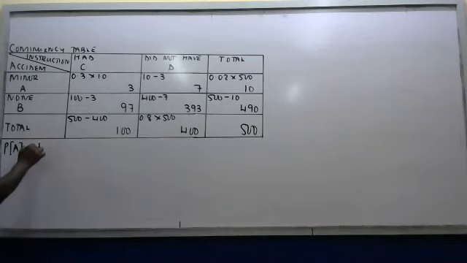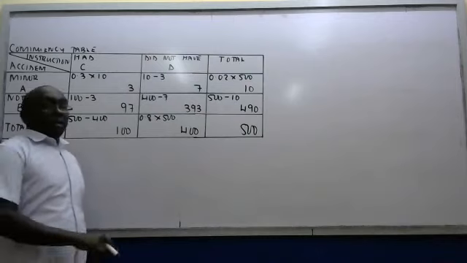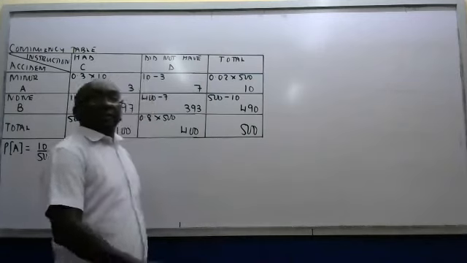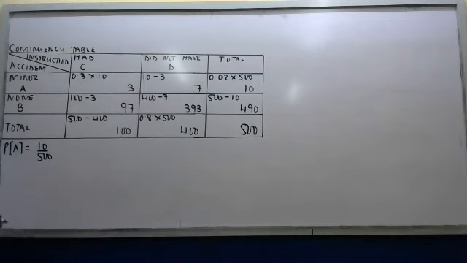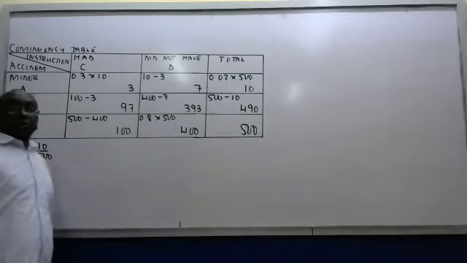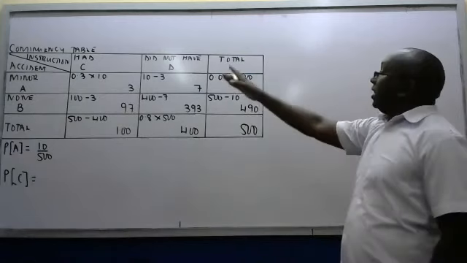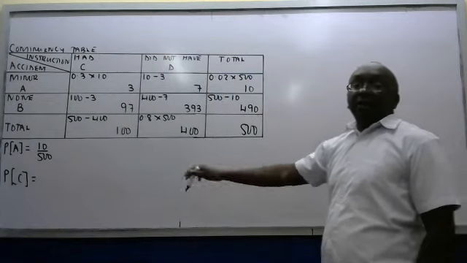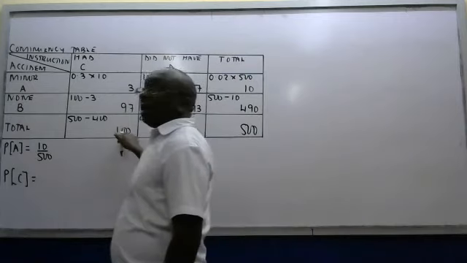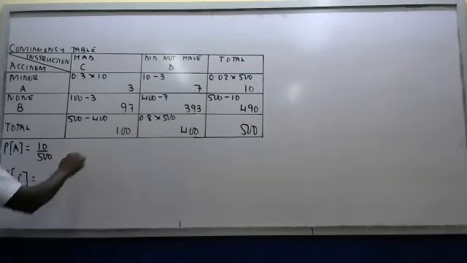So just write 10 out of 500. Don't bother to simplify because of the interest of time. Similarly, if you are told to get the probability of C, you will go to where there is C and find all the C's are 100, and the grand total is 500.